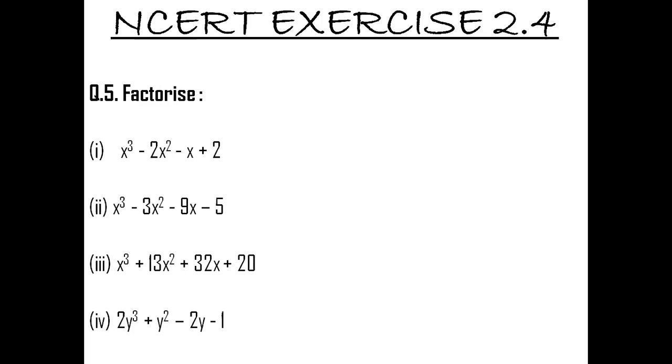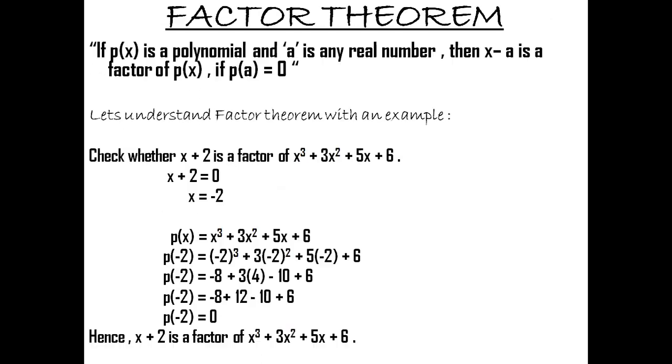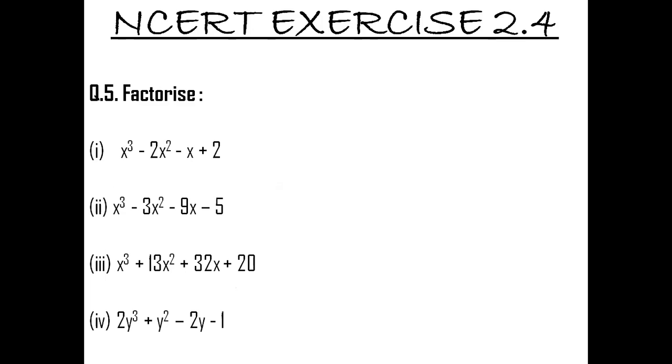That means the polynomial will have only 2 factors, as you could see in the previous cases. 6x squared plus 5x minus 6. Here, the degree was 2 and hence it had only 2 factors. 3x squared minus x minus 4. Here also, the degree was 2 and hence it had only 2 factors. Now let's get to the solution of these 4 questions one by one. So let's solve the first question, which is x cubed minus 2x squared minus x plus 2.